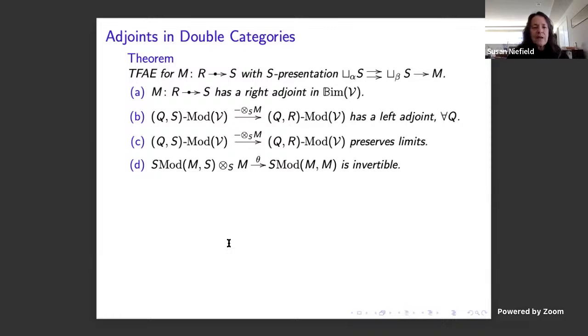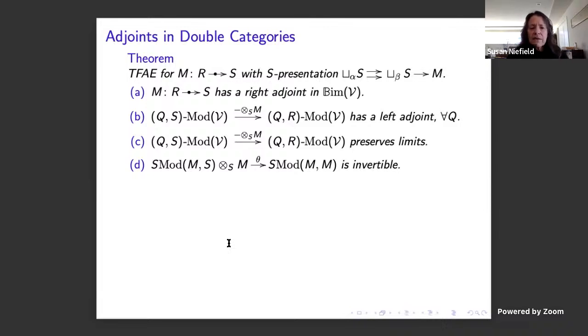Okay, so the following are equivalent. M has a right adjoint in BIM V. The tensor product over S with M from QS modules into QR modules has a left adjoint for all Q. And tensor over S with M preserves limits for all Q also.